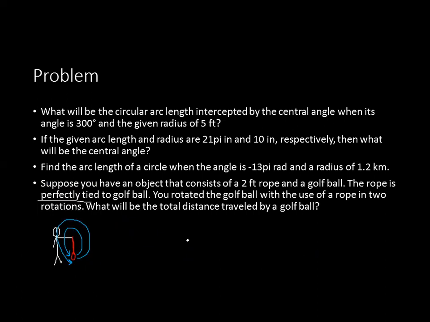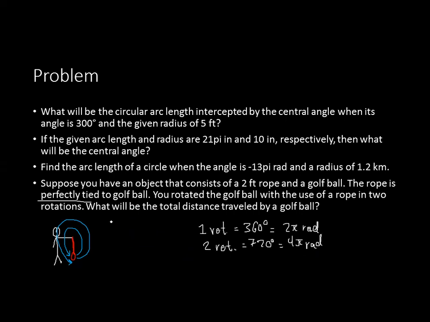We have to recall that one rotation is equivalent to 360 degrees, or in radians, 2 pi radians. So if we have 2 rotations, multiply 360 by 2, you will have 720 degrees, or in radians, multiplied by 2, you will have 4 pi radians.